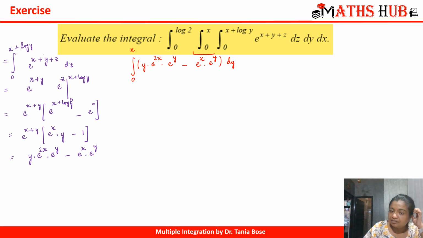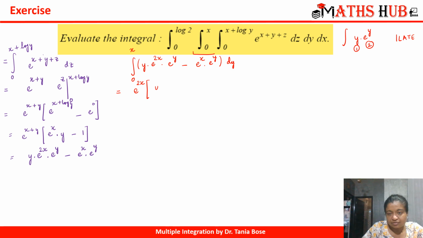Now when I integrate it with respect to y, I have to keep the variable x constant, right? So from the first integral, e to the power 2x is constant. Let us integrate y into e to the power y. Now I have to apply the ILATE rule. So according to the ILATE rule, your algebraic function is the first function and e is the second function, right? So how to integrate it?